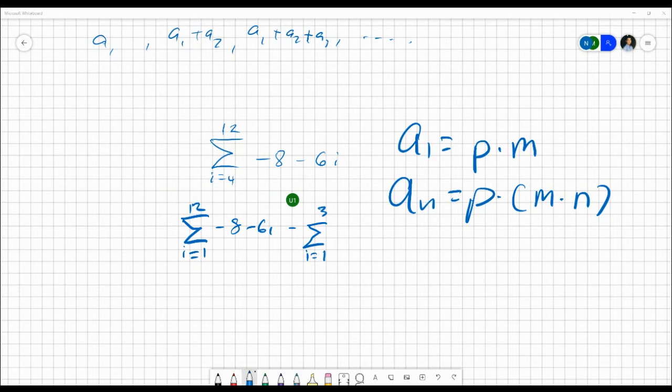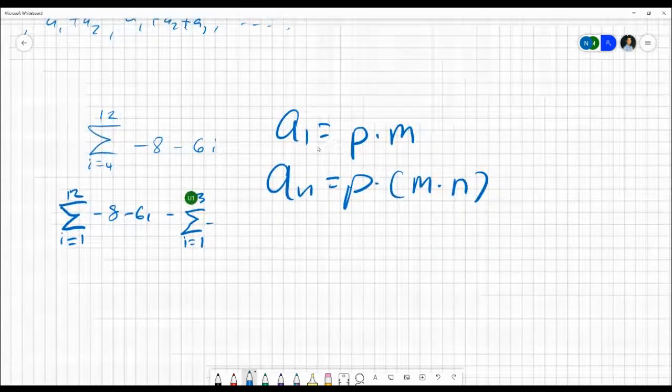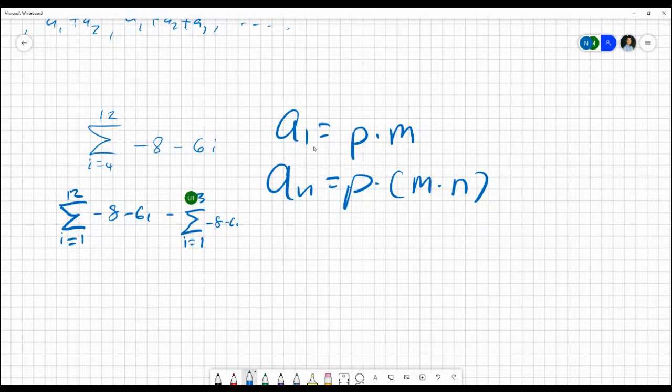Oh, okay. So what they're doing here is, I think you forgot something. A1 is supposed to be P plus M, not P times. And the other one should be P plus M times N, because this is an arithmetic sequence, so it's basically a line.